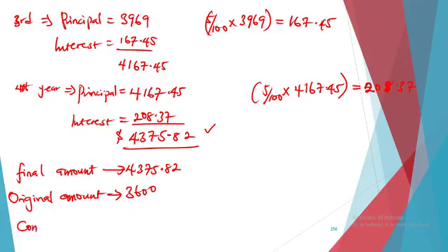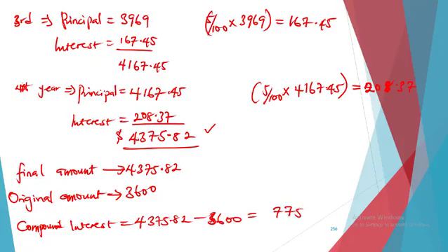So our compound interest is 4,375.82 minus 3,600, which gives us 775.82 US dollars. And that's the answer.